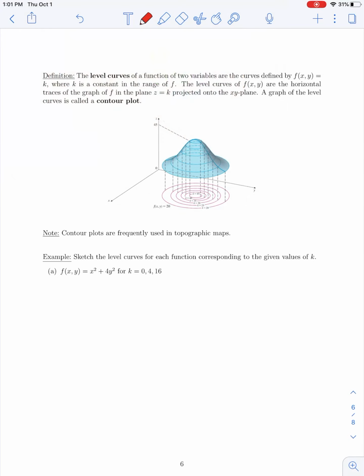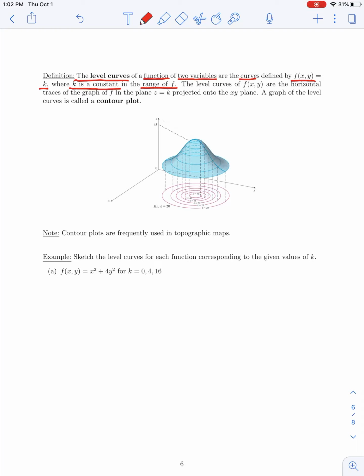So let's define what we mean by level curves. We would say that the level curves of a function of two variables are the curves defined by setting the function f of xy equal to k, where k is some constant that lies in the range of our function. So we're looking at specific fixed values of z and setting our function equal to that specific z value.